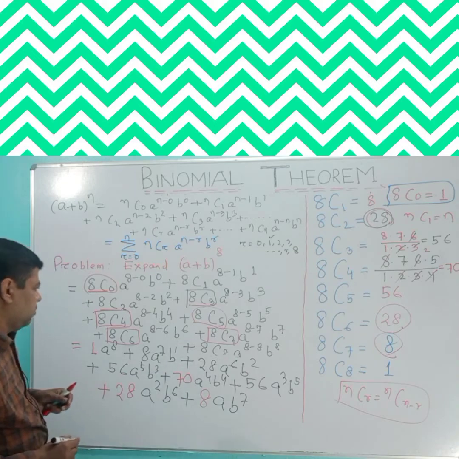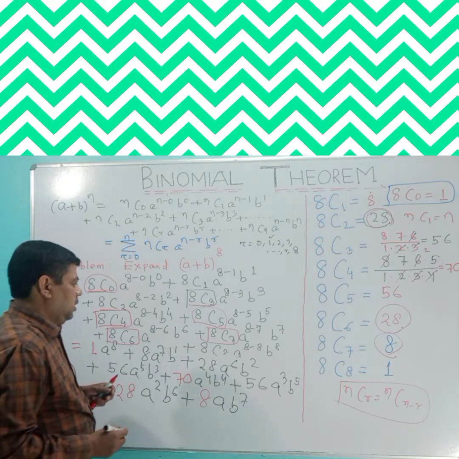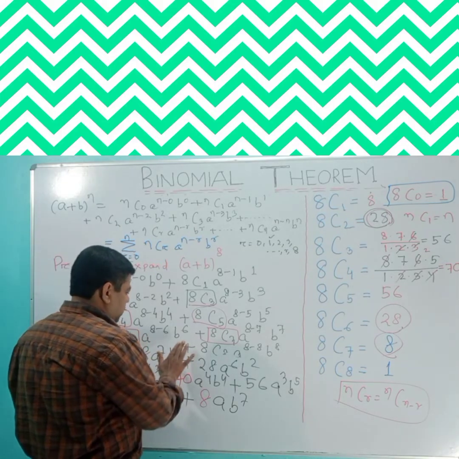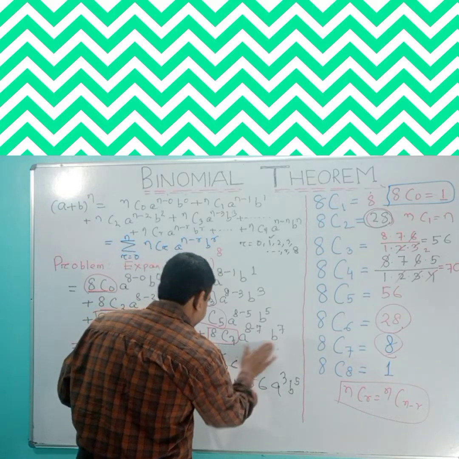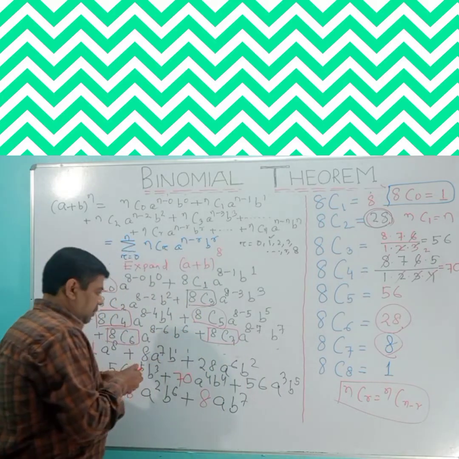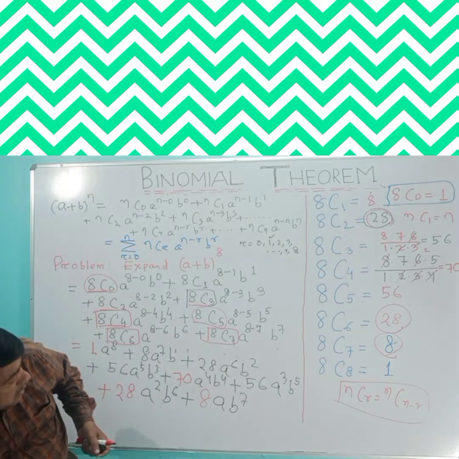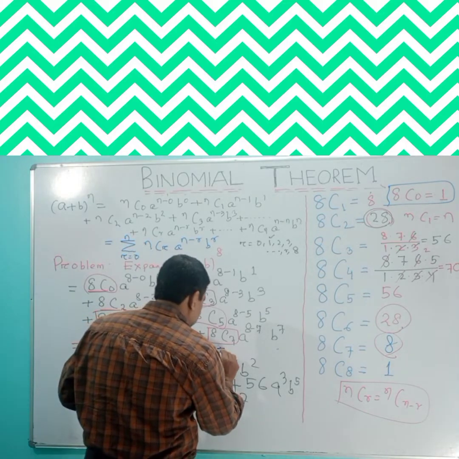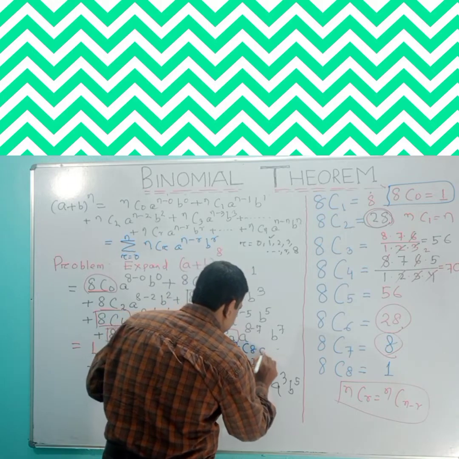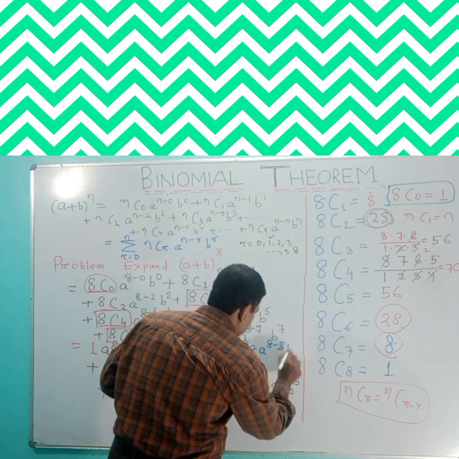Okay, the last term, look carefully. After 8C7 it will be 8C8, a to the power 8 minus 8, b to the power 8.